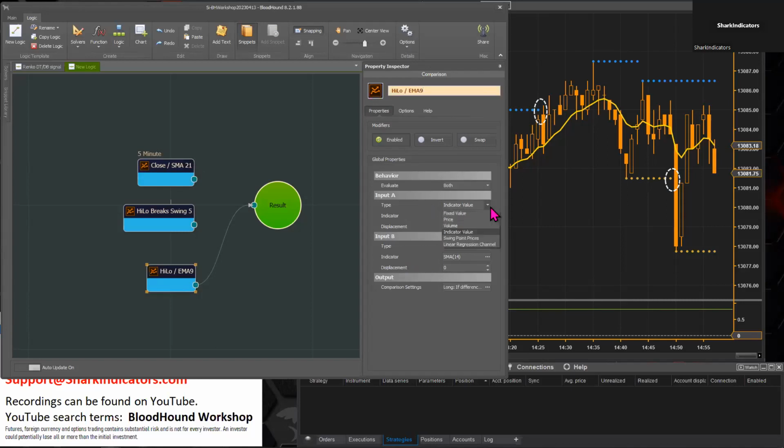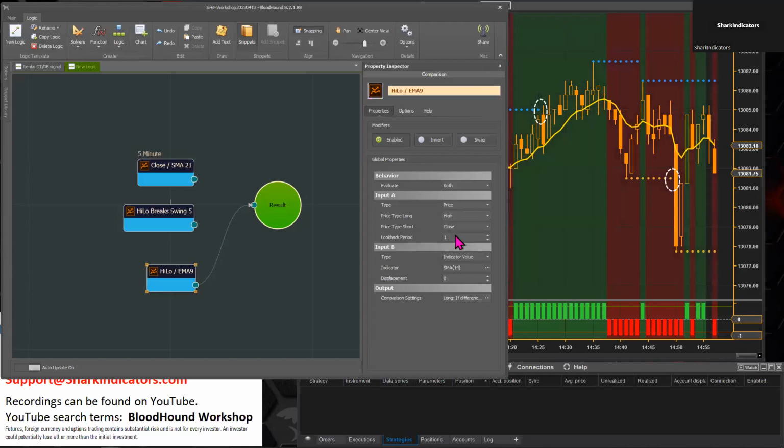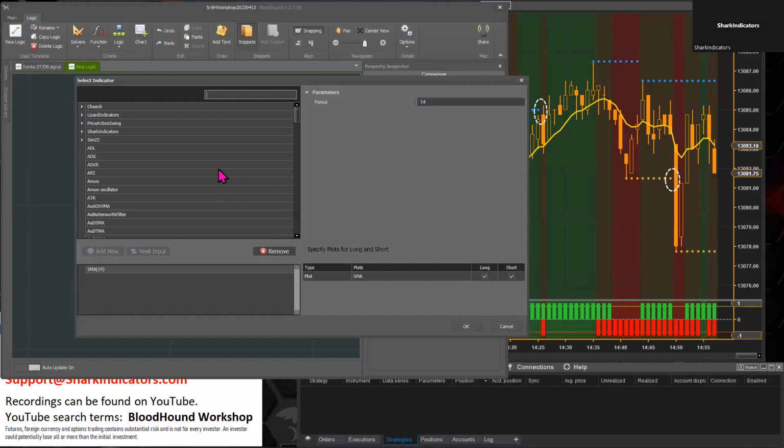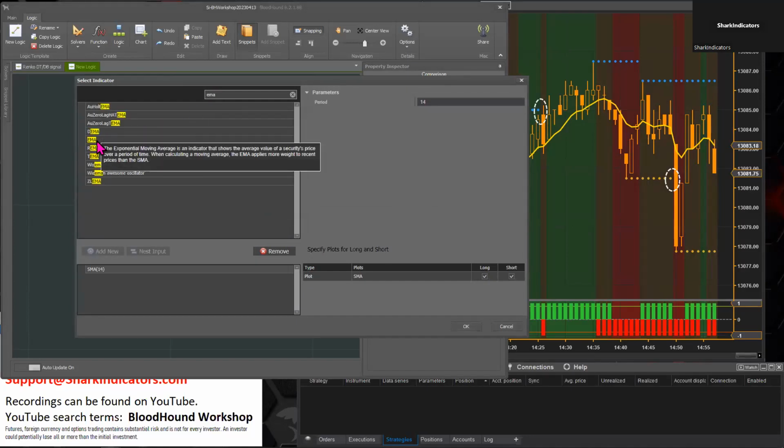Input A will be the high and low prices. I'll use the high price to generate a long output and the low price to generate a short output. And input B, that's our EMA9. There's our EMA. Put the 9 period in there.